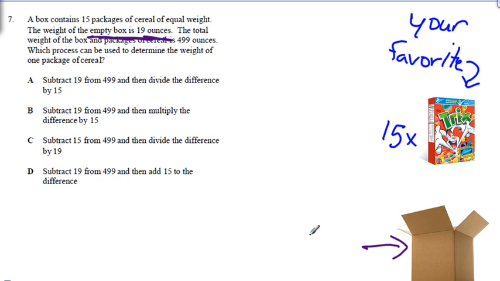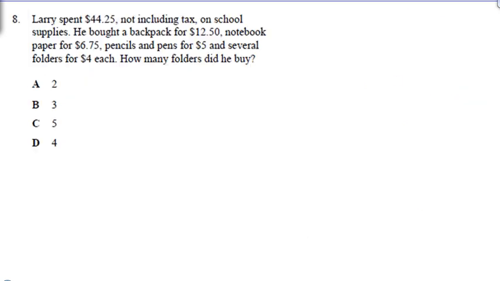So if this is 19 ounces, we can say, what is the weight of all the cereal inside of it? Well, we can say that's 499, so we would need to take away the weight of this box, because that has nothing to do with the cereal. And then I'll let you think from there about what you would need to do with that leftover number to get the weight of this 1 box of cereal. Okay? Just think about that and eat some Trix.